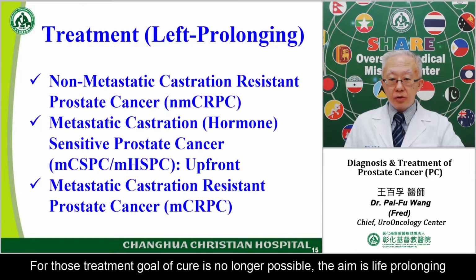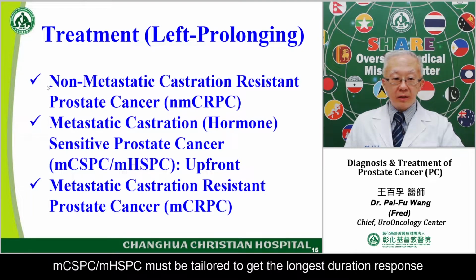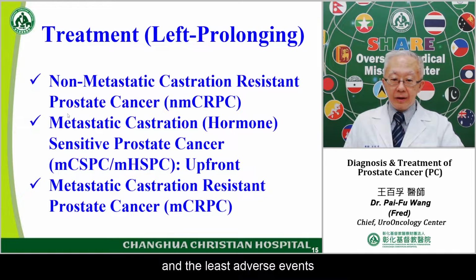For those in whom the treatment goal of cure is no longer possible, the aim is life prolonging. The treatment of non-metastatic castration-resistant prostate cancer, so-called NM-CRPC, and metastatic castration or hormone-sensitive prostate cancer, so-called M-CSPC or M-HSPC, must be tailored to get the longest duration of response and the least adverse events.